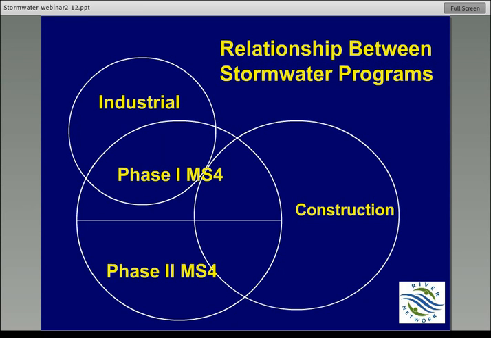There may sometimes be differences or additional requirements at the local level, and sometimes more requirements at the state level. So that coordination between what the state permit is and what the municipalities require of the industrial sites in their urbanized area is a really important coordination.